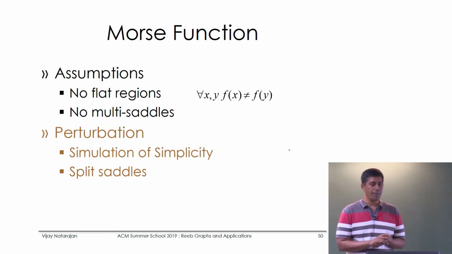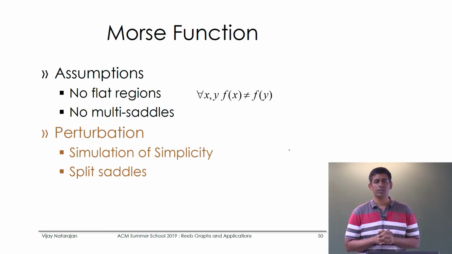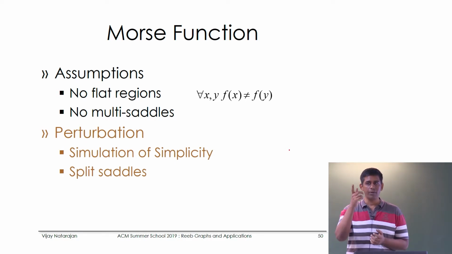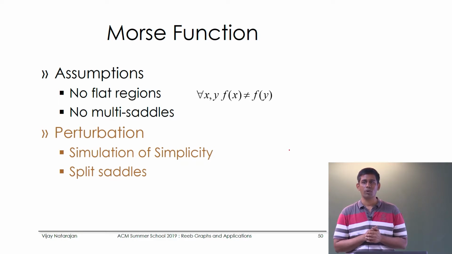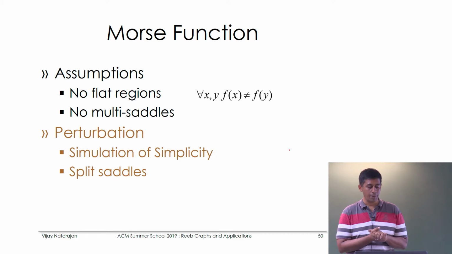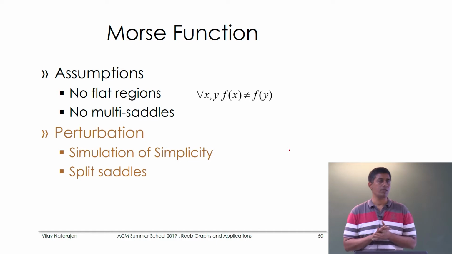We assumed that there are no flat regions. Flat region means what? It means that f of x equal to f of y for neighboring points. We assume that this does not happen. So, remember from the examples shown about the degeneracy and so on, they often needed the fact that you have a flat region. We assume that that does not happen. We also assume that these multi-saddles do not happen, the monkey saddle and all that does not happen.